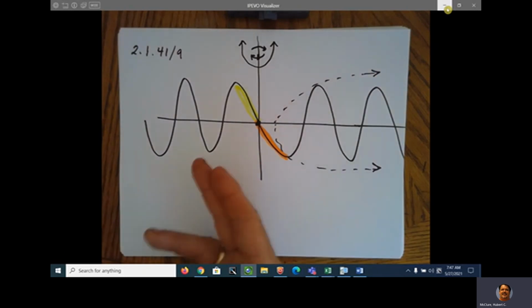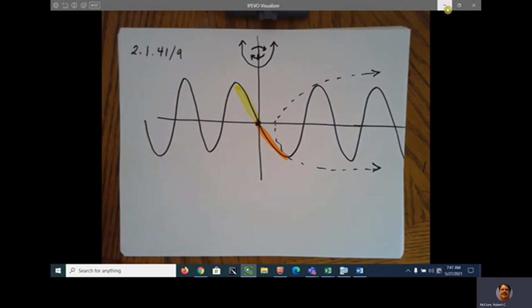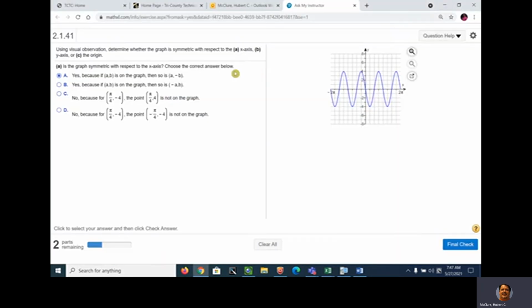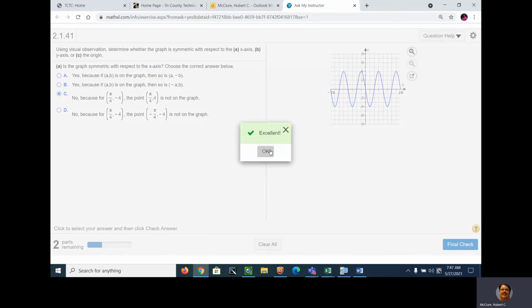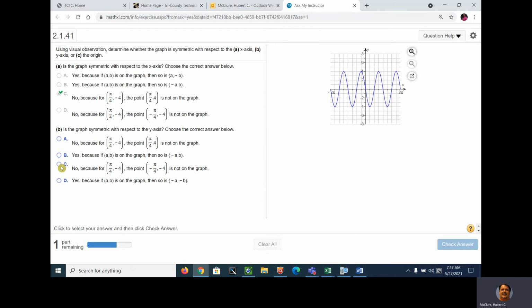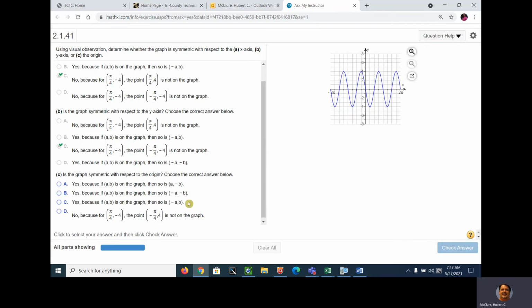You notice I didn't even put that on here, because it's not good to have that before trig, and it's not really relevant to where it is symmetrical, and it's symmetrical around the origin. So you're going to say no, and no, C, might be D, and then yes.